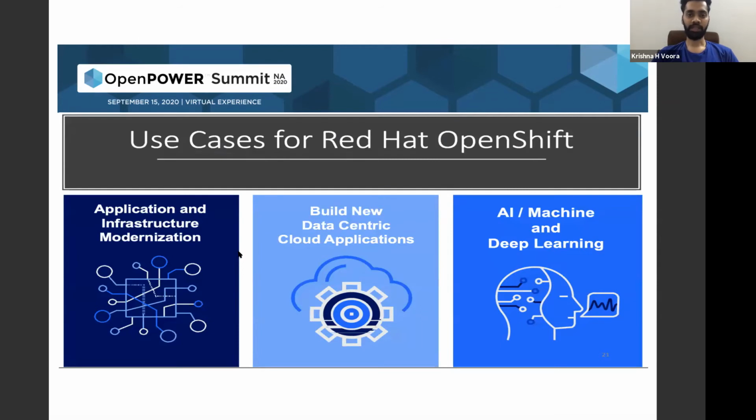There are limitless applications with Red Hat OpenShift if only one understands its true capabilities and features that it brings onto the table. Boiling down to three major pillars, which we think play a crucial role in this era, is our application and infrastructure modernization story. As an analogy, think of an existing application which makes use of legacy software, and you want to cloudify or jump onto the train of modernization story.